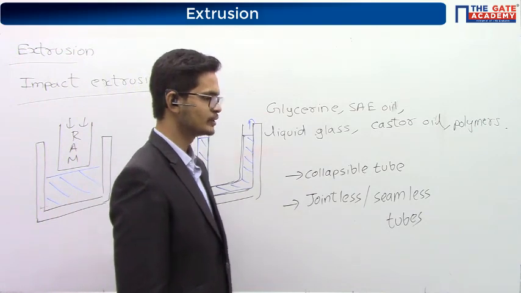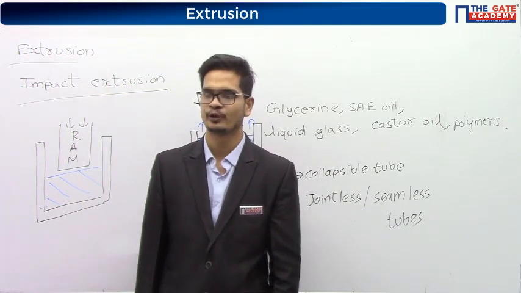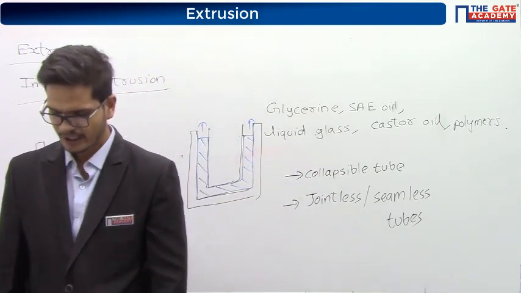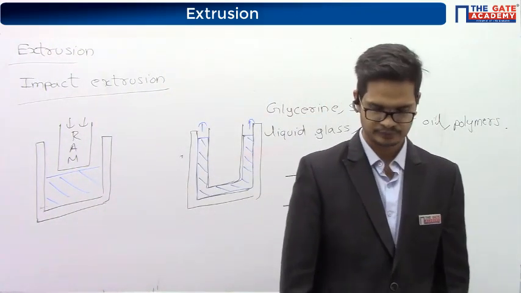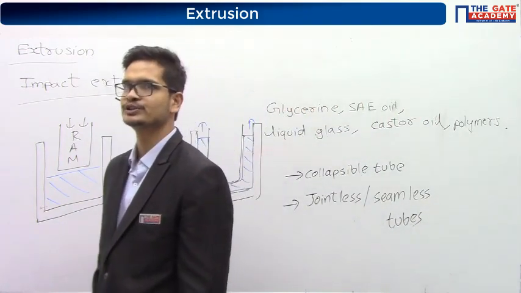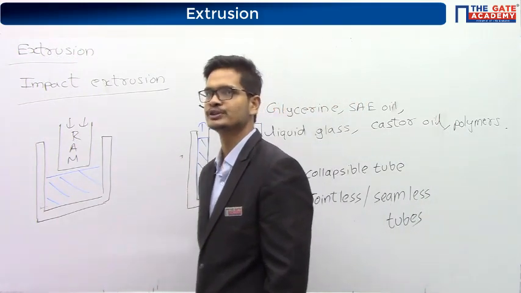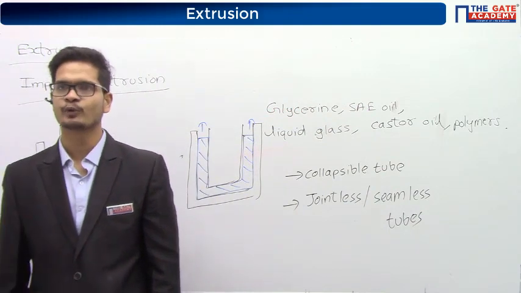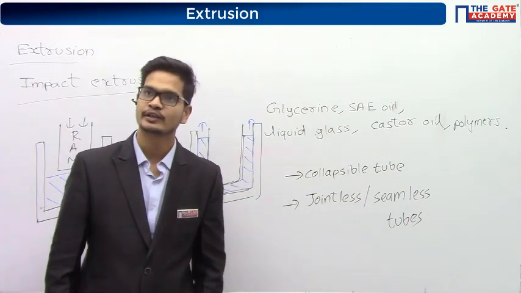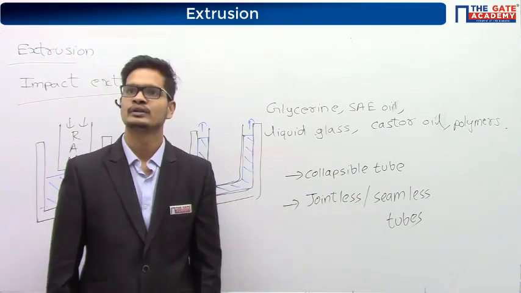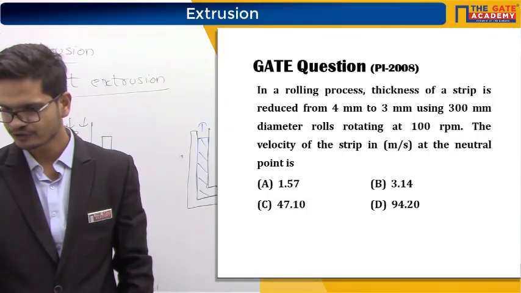Example, collapsible tubes, like toothpaste tubes and cosmetic tubes. It is also used for producing seamless tubes. Seamless means jointless tubes.